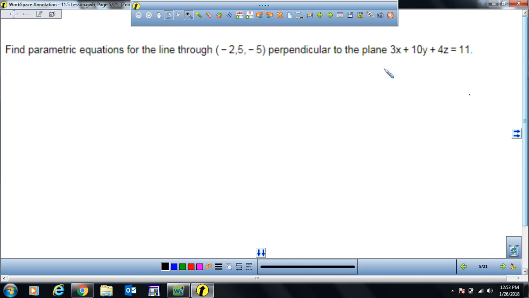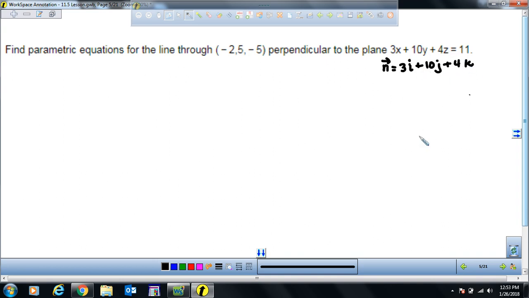Normal means perpendicular. So if I create this vector, that would be 3i plus 10j plus 4k. If we were to sketch this plane, this vector will always be perpendicular to that plane.